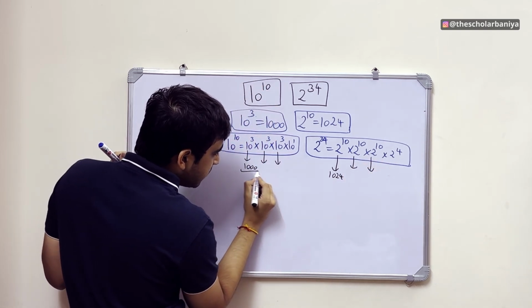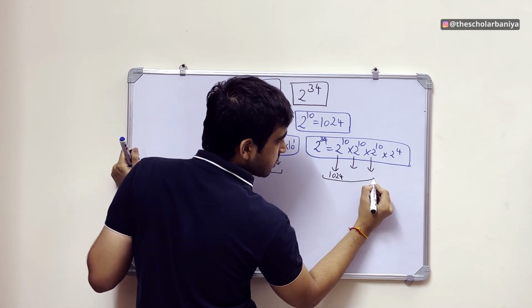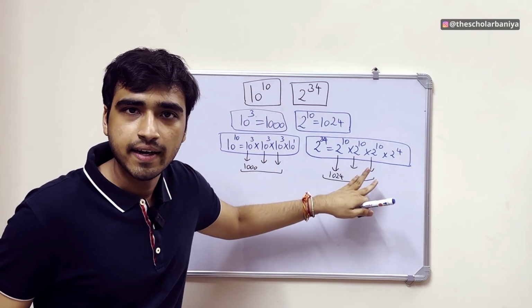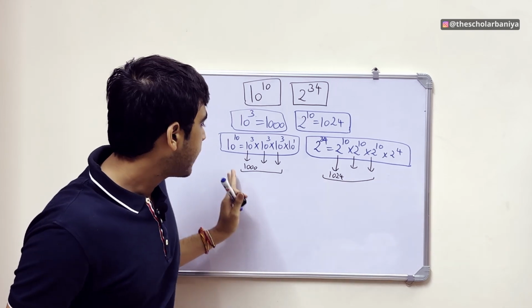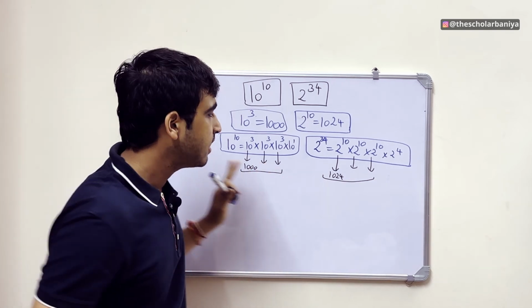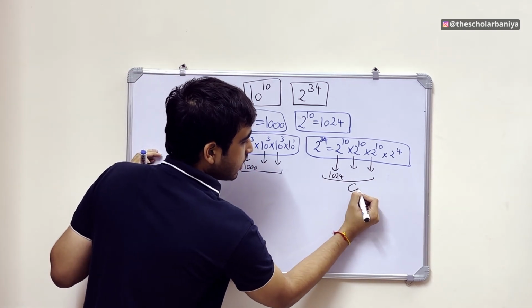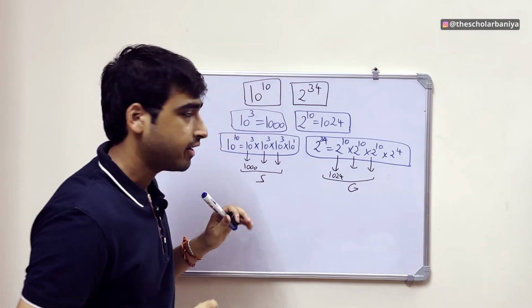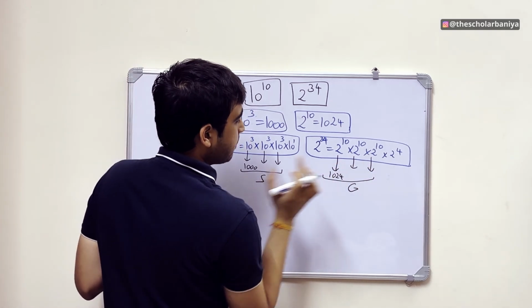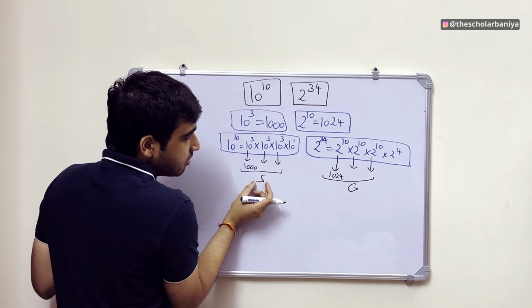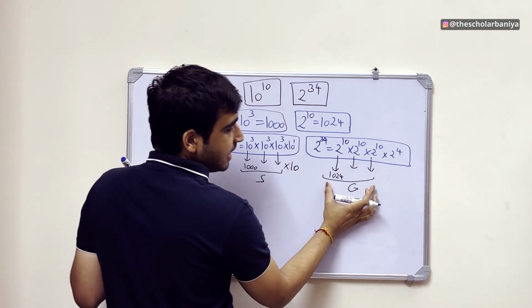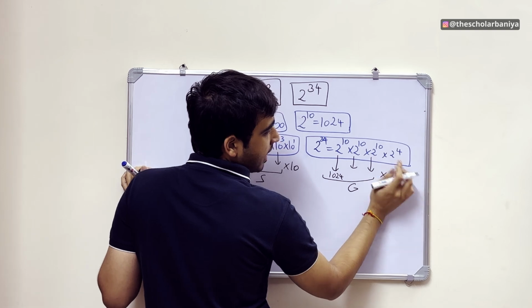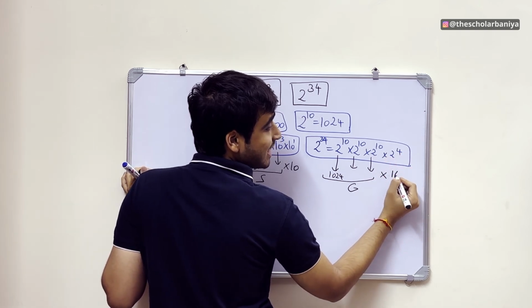So in these three terms and in these three terms, obviously this one is greater, because 1024 into 1024 into 1024 as compared to 1000 into 1000 into 1000, right? So this part is greater and this part is smaller, right? These three terms. Now in the smaller term, you multiply one more 10, right? And in this greater term, you multiply 2 to the power 4, which is 16.